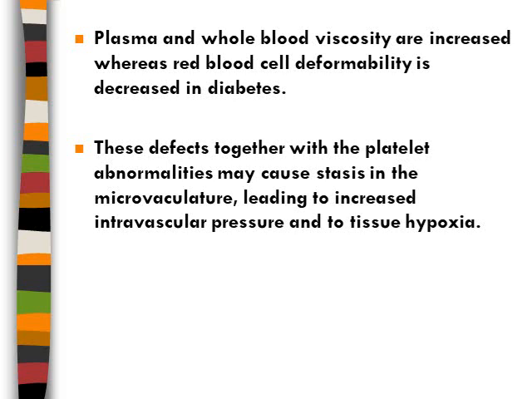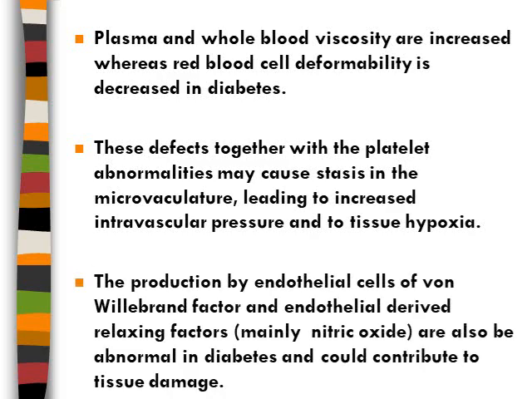ultimately tissue hypoxia. The production by endothelial cells of von Willebrand factor and endothelial derived relaxing factors, mainly nitric oxide, may also be abnormal in diabetics and could contribute to tissue damage.